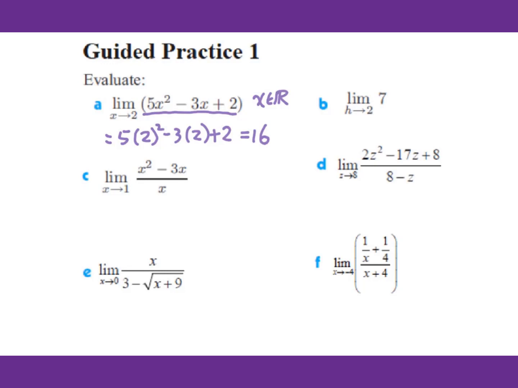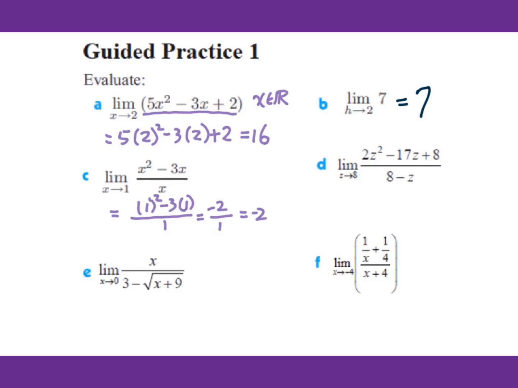For b, when you plug in this 2, you still get the constant number 7. For c, when you plug in 1, it's defined. Therefore, we do 1 squared minus 3 times 1 over 1, negative 2 over 1 equals negative 2.